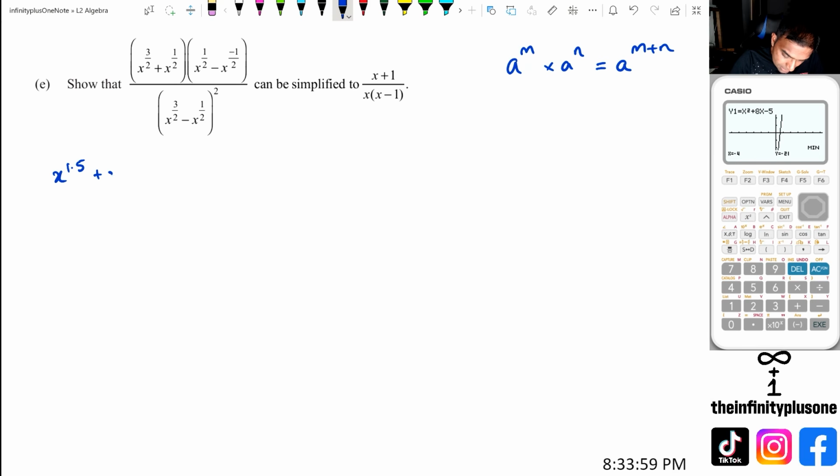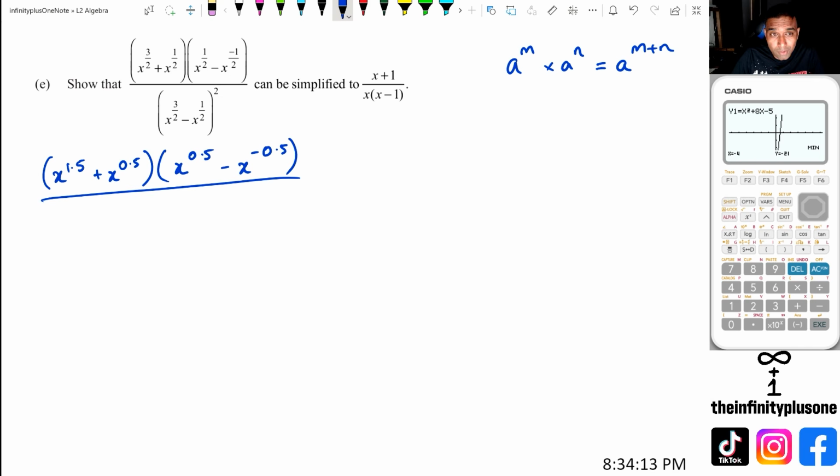Then I've got x to the power of 0.5, and then x to the power of 0.5 minus x to the power of negative 0.5, divided by, I've got squared in the denominator, so I've got to write two of them. So I'm going to get x to the power of 1.5 minus x to the power of 0.5, and of course, x to the power of 1.5 minus x to the power of 0.5.